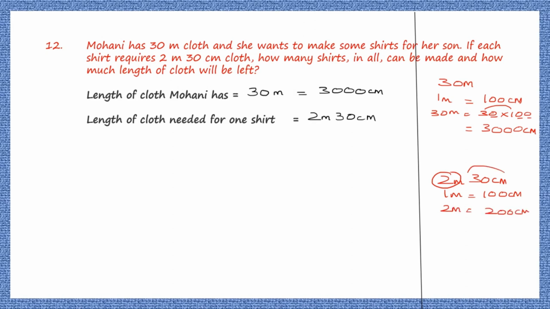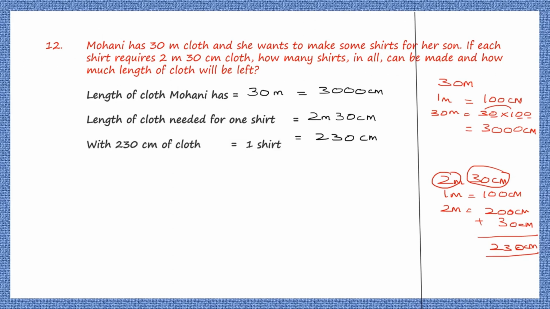Now this is already in centimeters, so we simply have to add it. 200 plus 30 is 230 centimeters. So we've got that 230 centimeters. So length of cloth needed for one shirt is 230 centimeters. So this is what has been given to us.